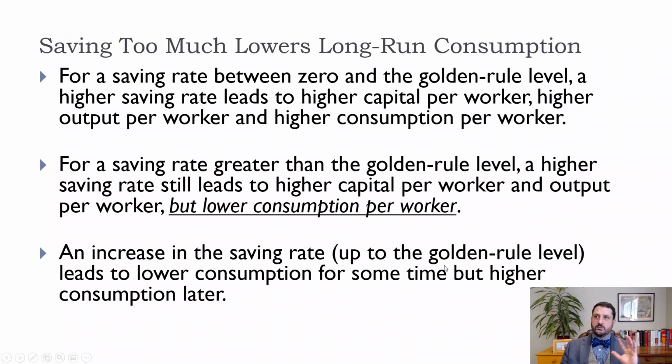So I think an important concept to think about is that eventually you can save too much. And while the United States is probably to the left of that golden level of savings, it's possible that a country like China, which has really focused on investment and building up its capital stock, could be to the right of that golden level.